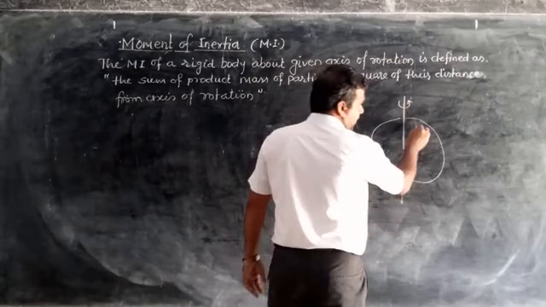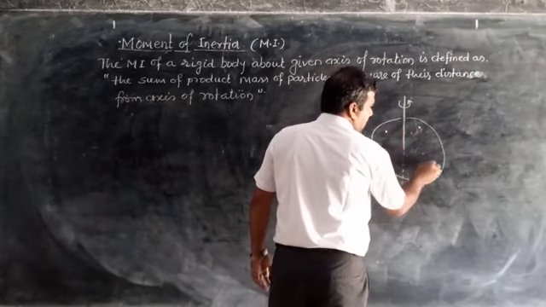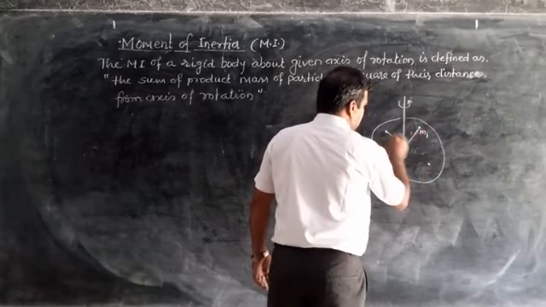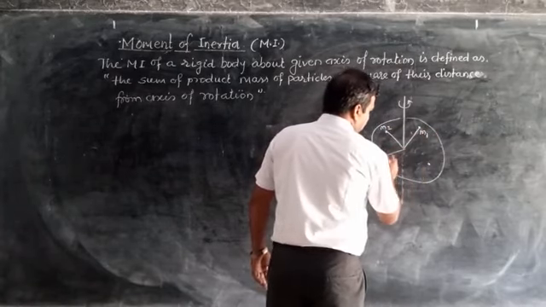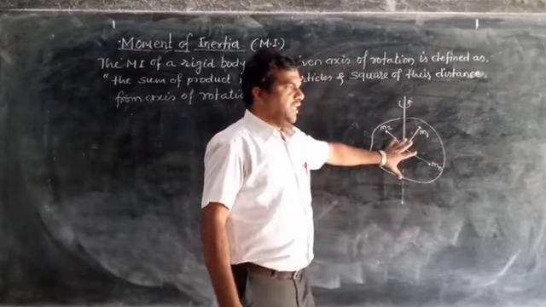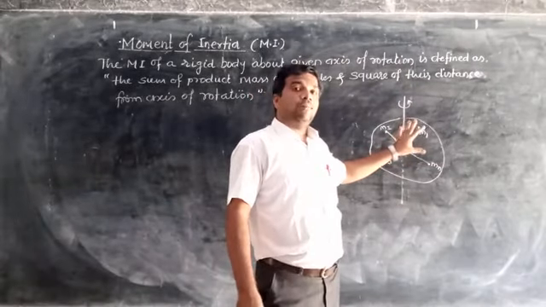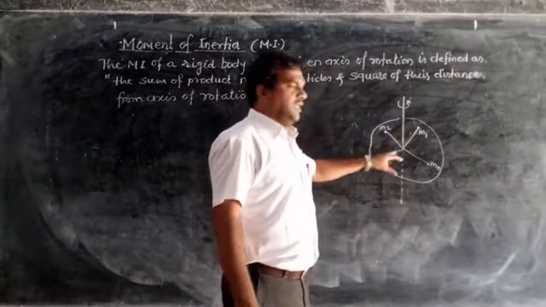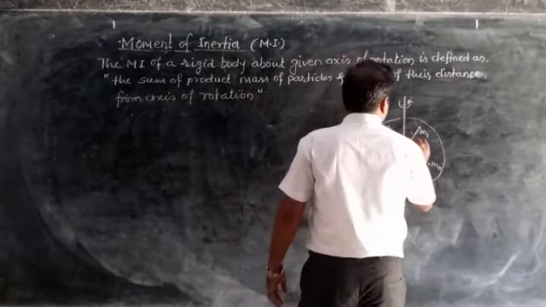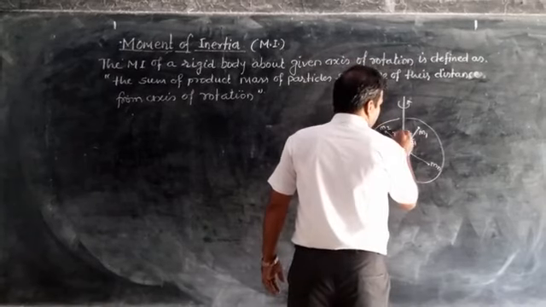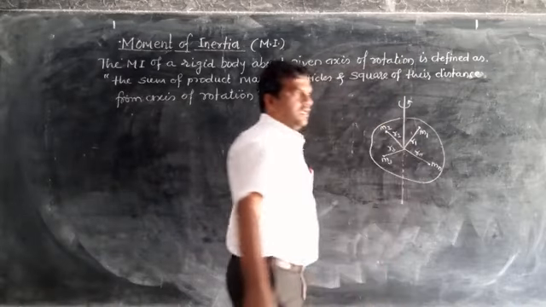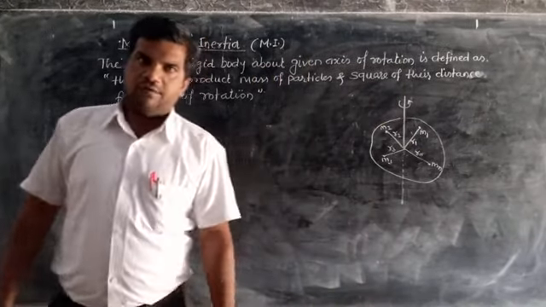This rigid body is made up of n number of particles having masses m1, m2, m3 up to mn, and these masses are situated at distances r1, r2, r3 up to rn respectively from the axis of rotation.